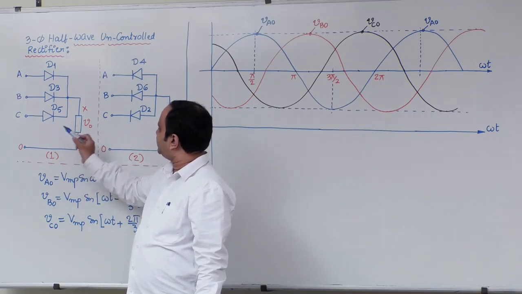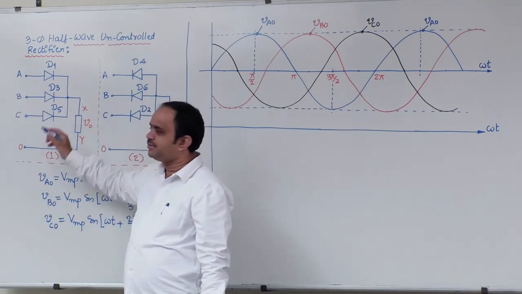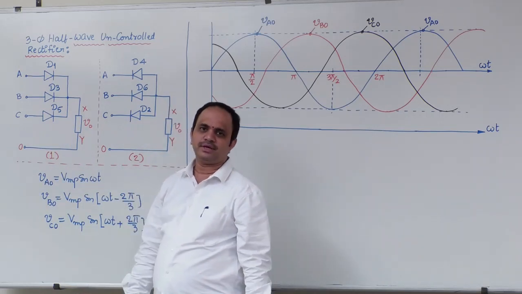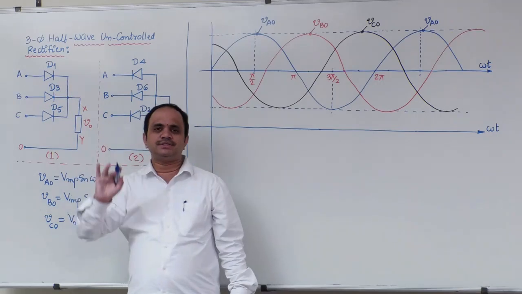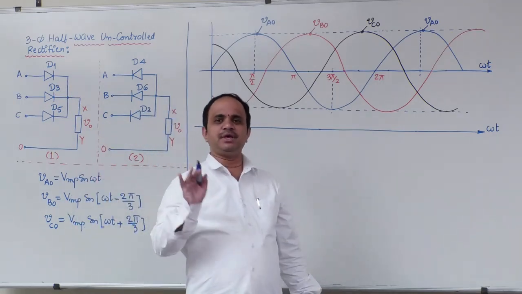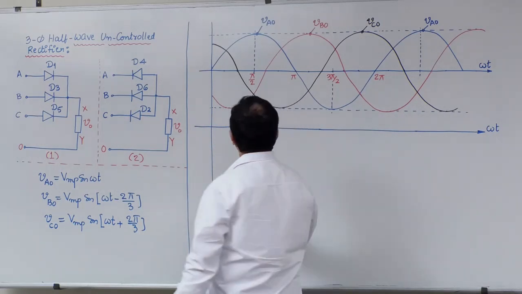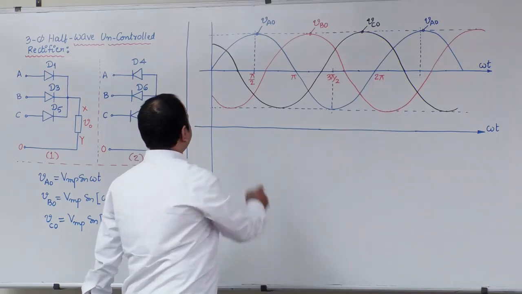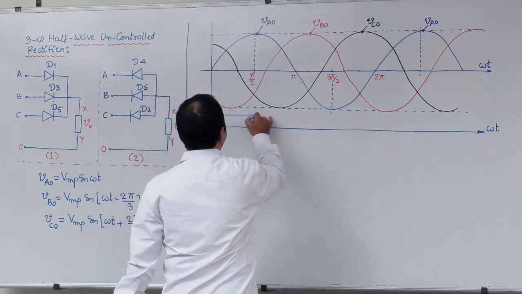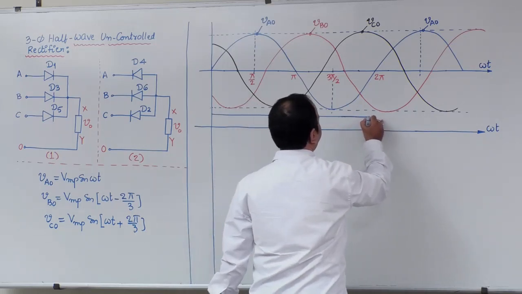So under that condition, X terminal will be connected to C, hence V0 will be same as VCO. Okay. Now the next question is, under what conditions phase A, phase B, phase C are more positive? Now look into the source voltage waveform. I can say here from 30 degree to 150 degree.